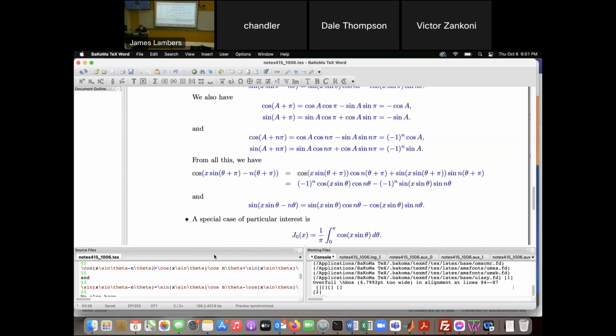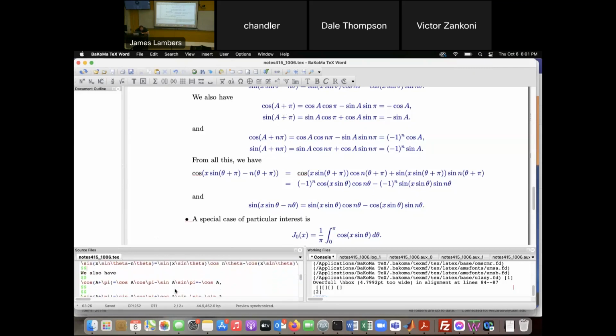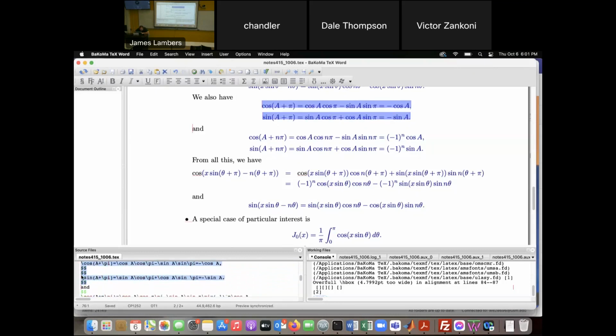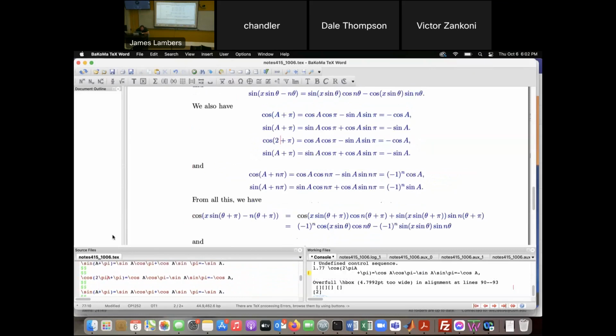Maybe what I was supposed to do was this. Instead of adding pi to the arguments, there's one way to get from one half of the circle to the other. I could do this: cosine of 2 pi minus a.